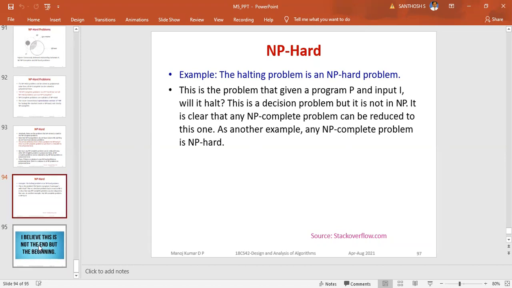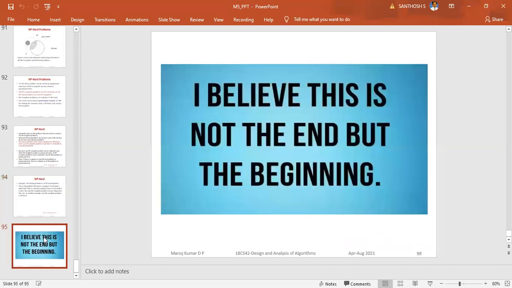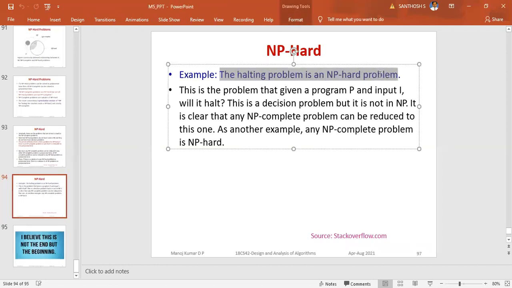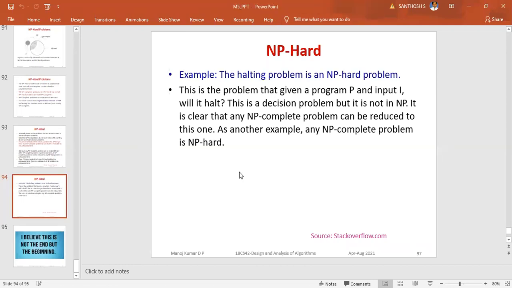So that marks the end of this particular topic. Actually, this is not the end, but the beginning. The same halting problem we are discussing in DA will be continued in the next subject, automata theory and computability.